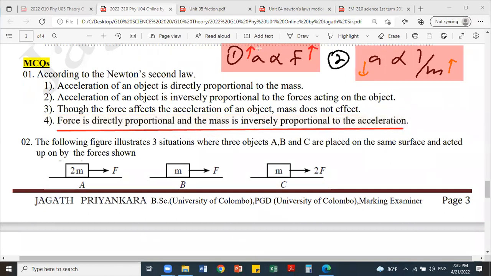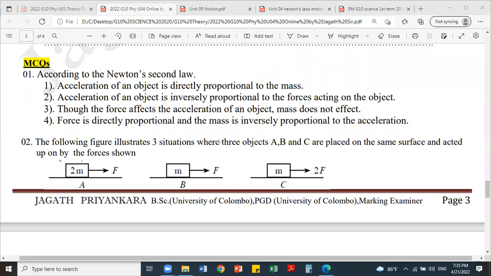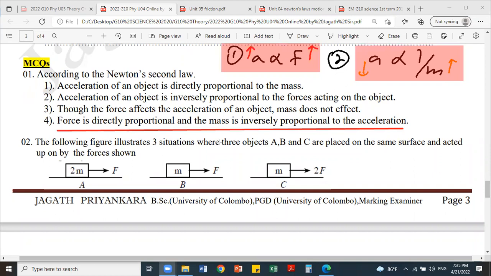Now, how many of you couldn't write the definition of momentum? First one, the answer is this. There are two main facts of Newton's second law.